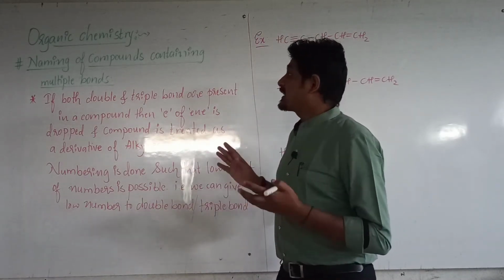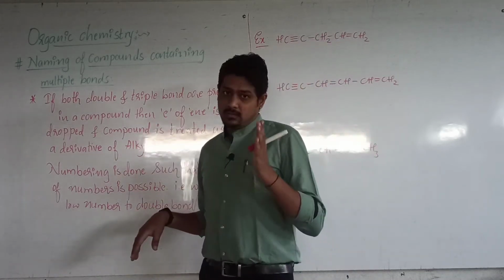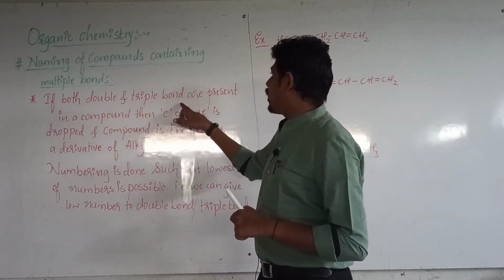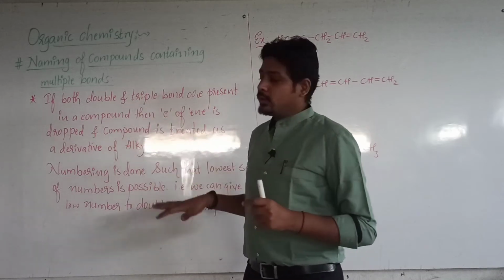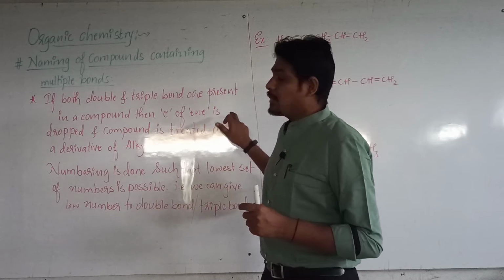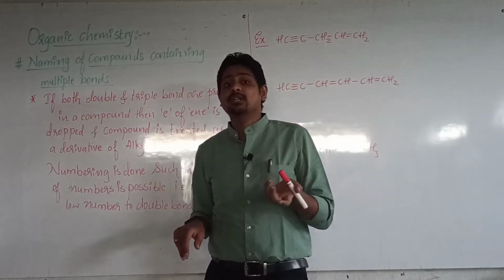Okay, so what it is saying is, if the compound contains both double and triple bond, then in that compound the E of the ene is dropped. Means when a compound contains a double bond, what name will come?